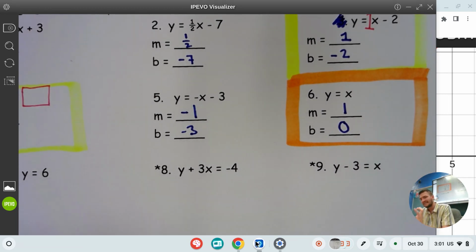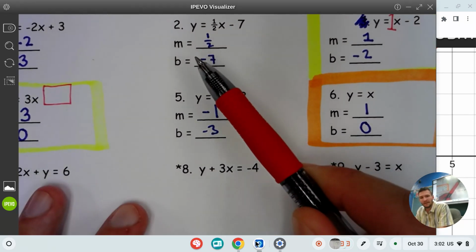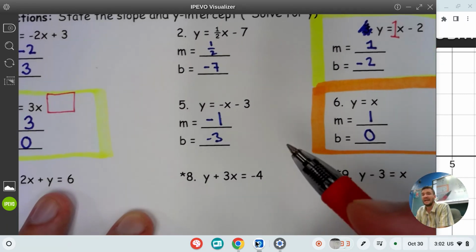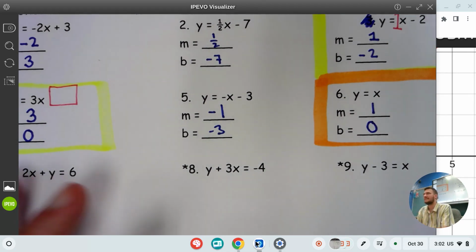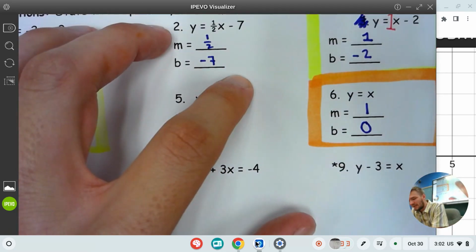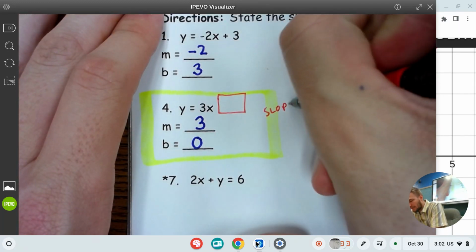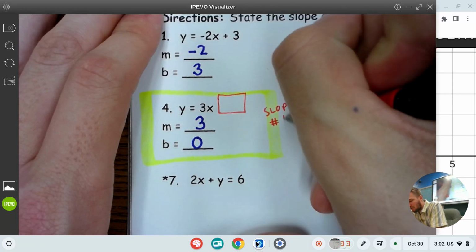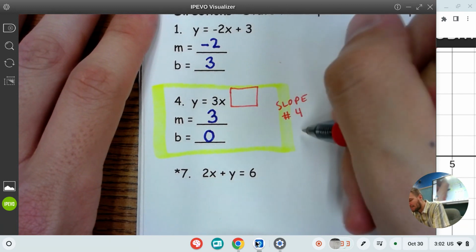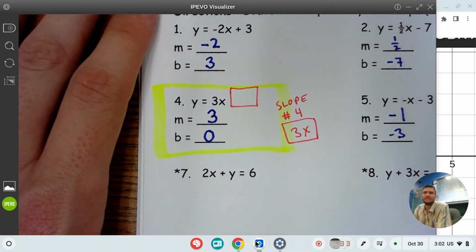Now the last thing before we move on is that the m is only a number, okay? And that the m is never an x. So a very common thing is that I ask people and I say, hey, what's the slope of number 4? And a lot of people will say 3x, okay?